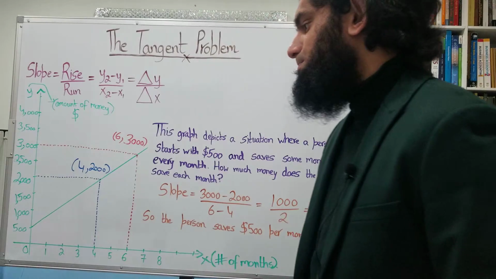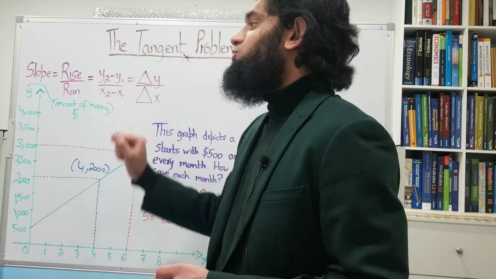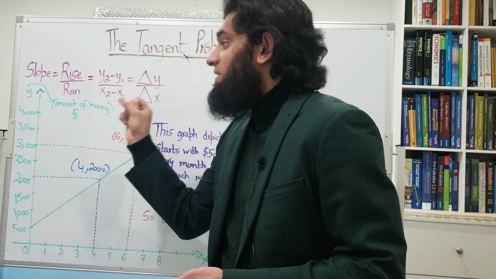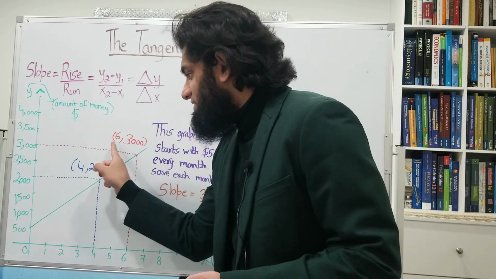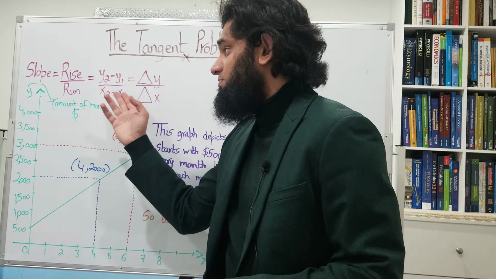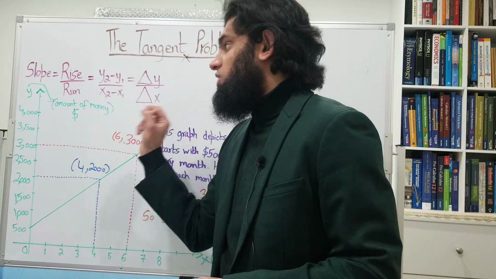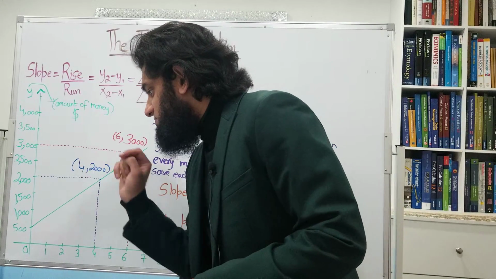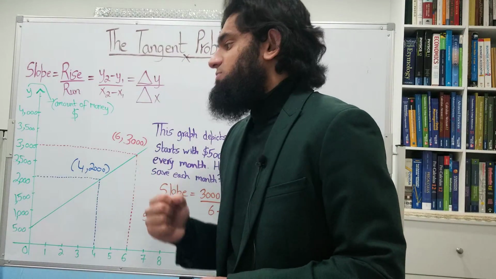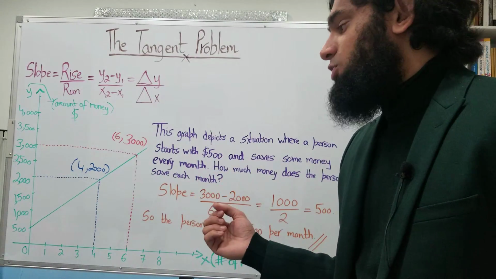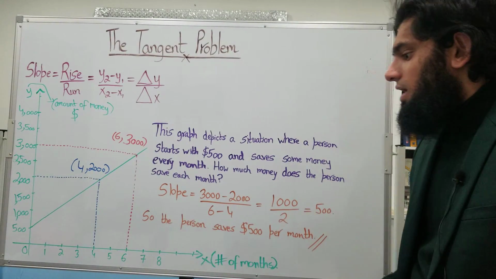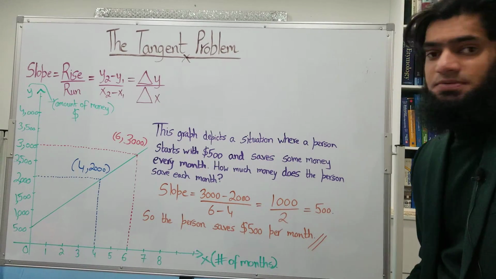And then I divide by x2 minus x1. x2 is just the x coordinate of my second point, which in this case is 6. And I subtract x1, the x coordinate of my first point, which in this case is 4. So 6 minus 4, that's what I have here. And when I simplify this, I get 500.